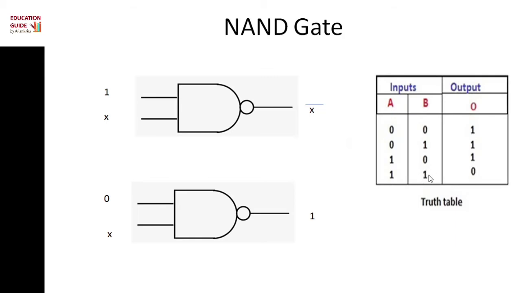So it is verified from this table. Second, if we give input as 0, and we don't know about x, whether it is 0 or 1, then we get 1 and 1 only. So it is verified by the truth table.